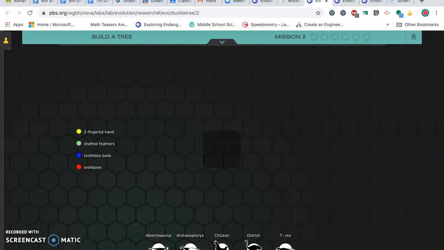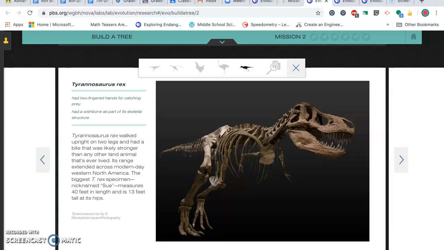Remember, the best way to start building a tree is to click on this little yellow magnifying glass and look at these summary characteristics up here. What you're looking for is what characteristic all of them have, because that's going to be your lowest characteristic on your tree.